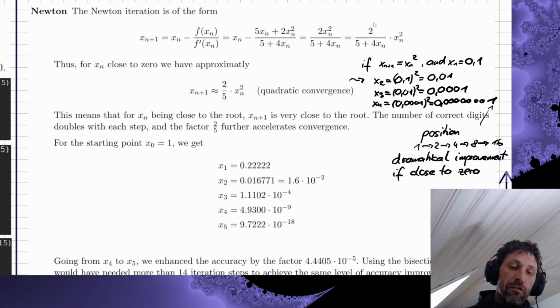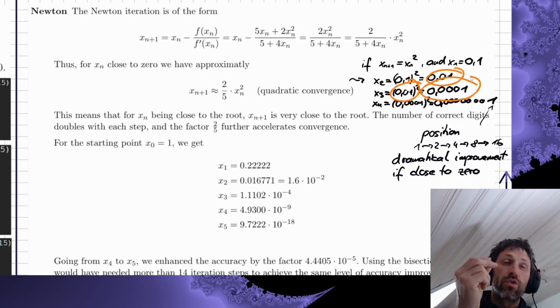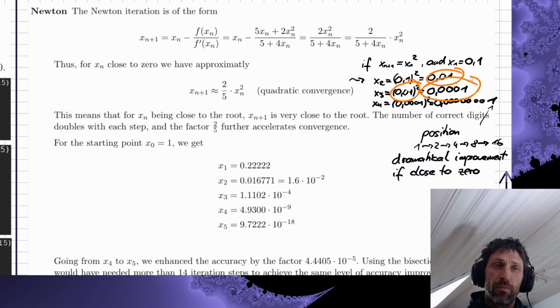If x is 0.1 here, then you will have the square of 0.1, which is 0.01. In Germany we use the comma instead of the decimal point; it should be a decimal point. If you square that, you will get a lot more zeros. So 10 to the power of minus 2 squared is 10 to the power of minus 4.